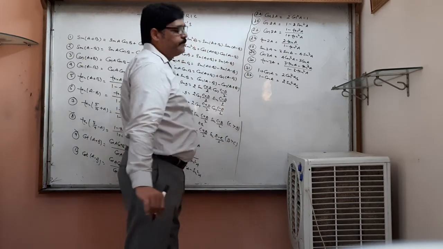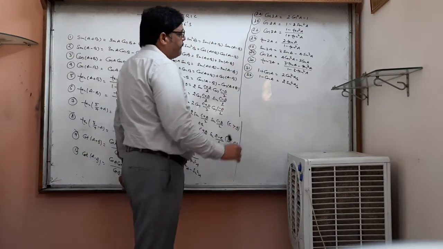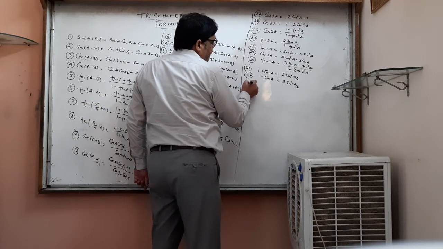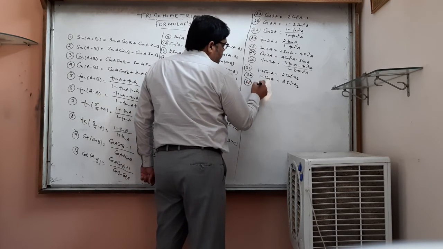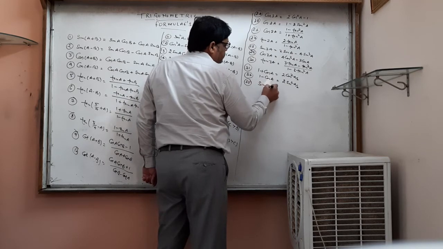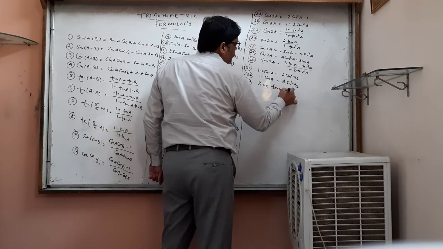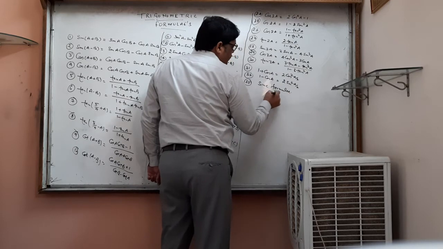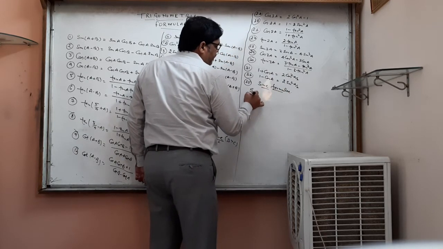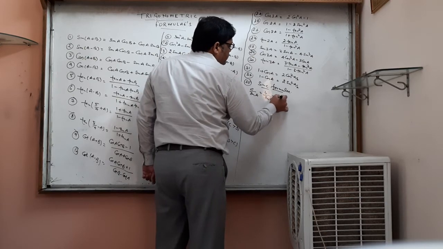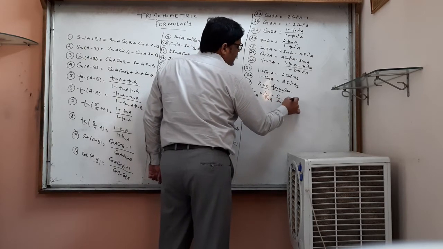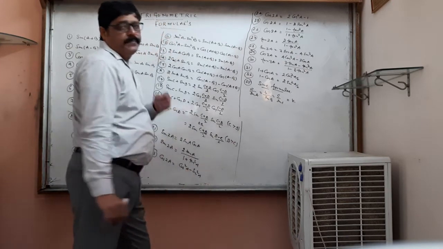Now next one, the sine formula: a by sin A, b by sin B, c by sin C, and you will take it as k, that is equal to k.